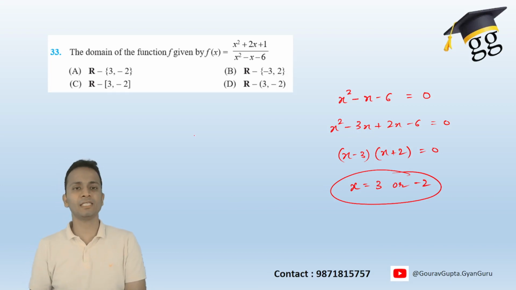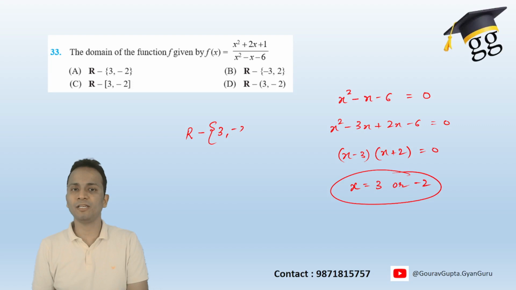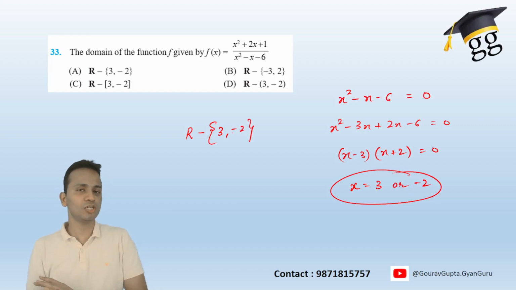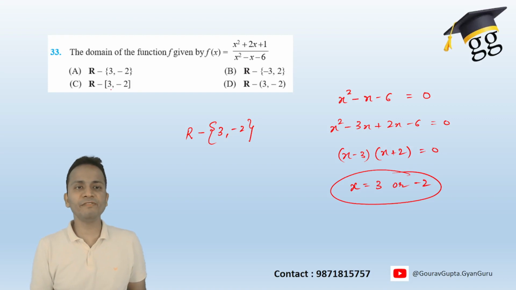So we can say that the domain of this function will be all real numbers except 3 and minus 2. Only these two elements will be removed, and for all the other values of x the function will be defined. Okay. Now, all these options look similar. Obviously, we do not have to exclude all the values between 3 and minus 2. Okay.